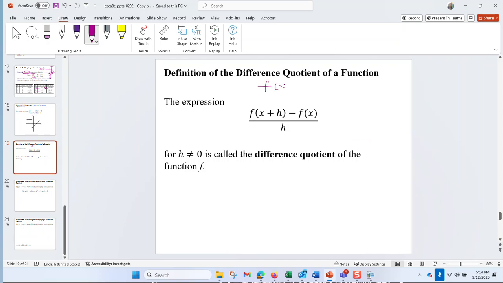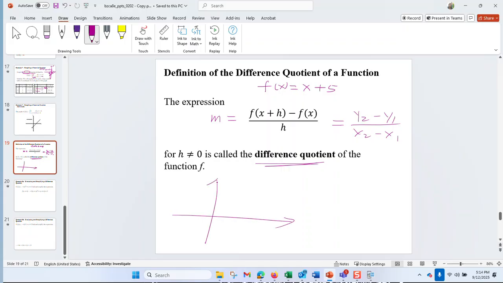So how do I calculate it for f of x equal to x plus 5? This one actually is the slope expression, okay? The difference quotient. Look at that, the m here, we usually use y2 minus y1 over x2 minus x1, right? And this is trying to calculate a slope that is not linear, okay?